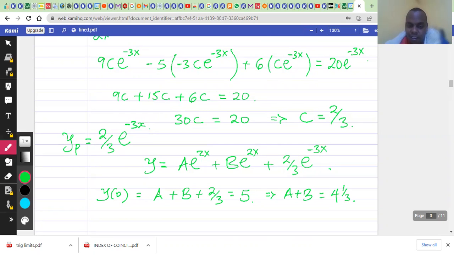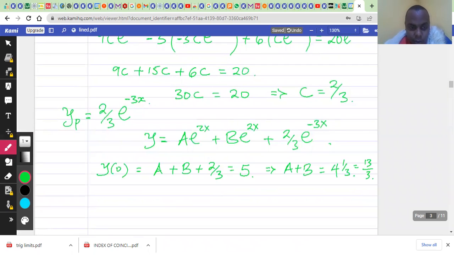I subtracted 2/3 from 5, which is 15/3 minus 2/3, and then I got 13/3, which is 4 1/3. Yeah, the same as 13 thirds, right?